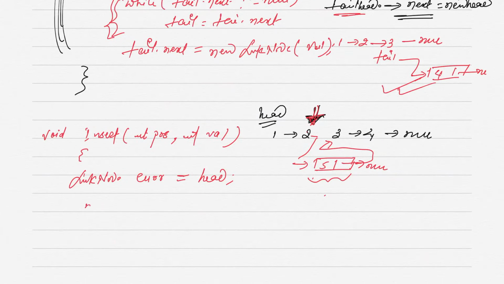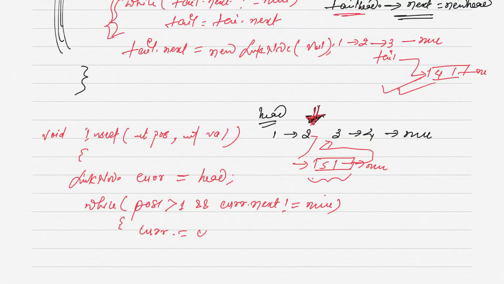Again we will loop while position is greater than 1 and current.next is not equal to null, and we will move current to current.next, right, and we'll reduce the position with position minus minus.